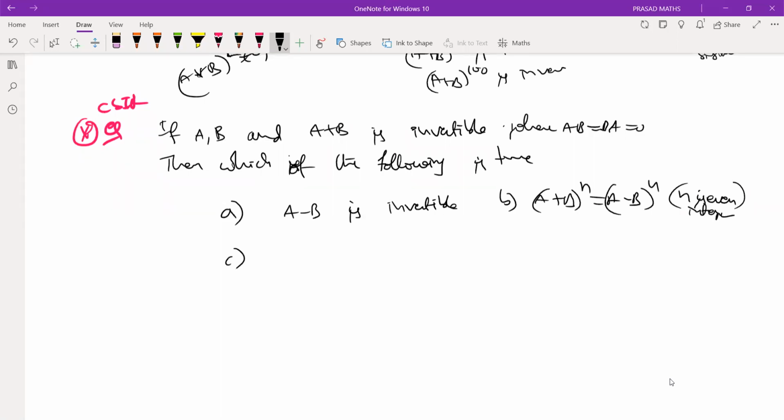Answer C: (A plus B) whole power n is invertible. Answer D: none.